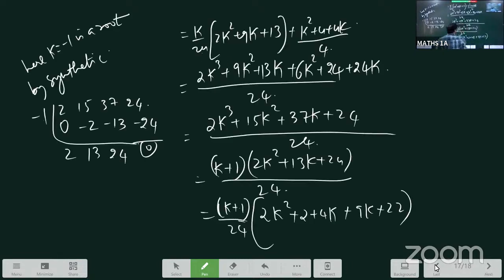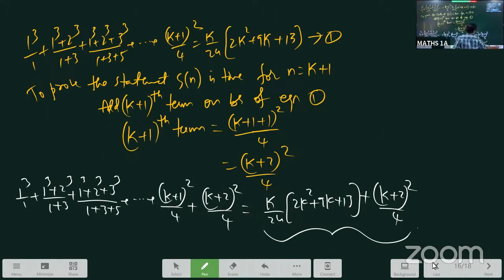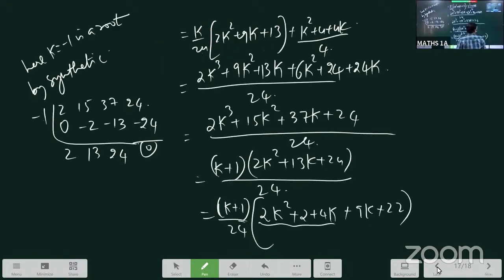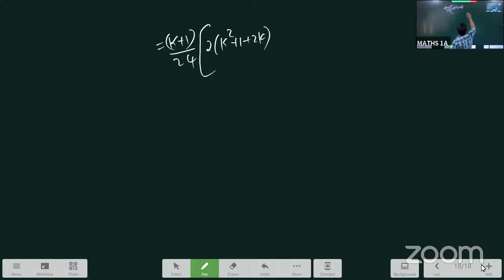That is nothing but (k+1)/24 into, once again, from here you take 2 common. That is k² plus 1 plus 2k. That was the intention, to bring 2 and 4k outside. Next, here I want 9k plus 9.